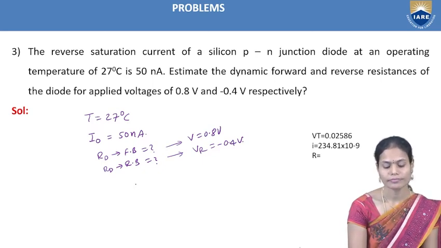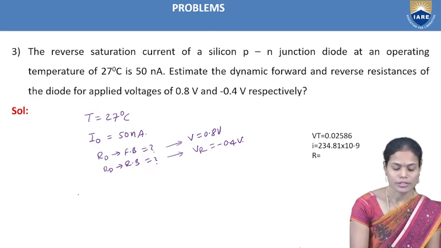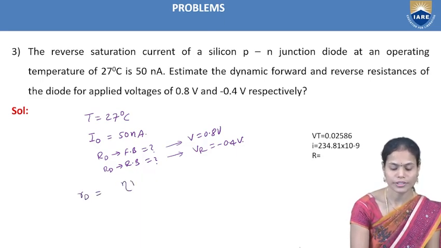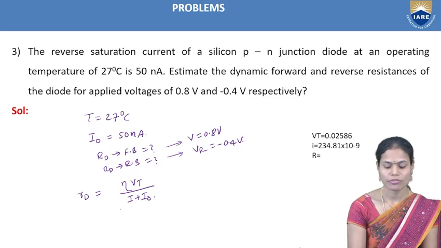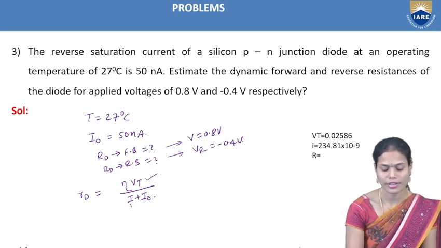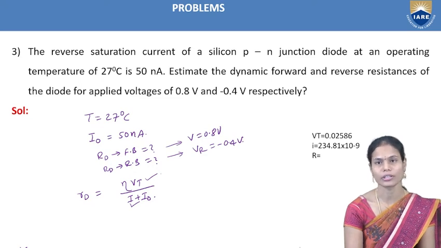To find that, we have the formula eta Vt by I plus I naught. So here we require the Vt value as well as the current I value to find the dynamic resistance.